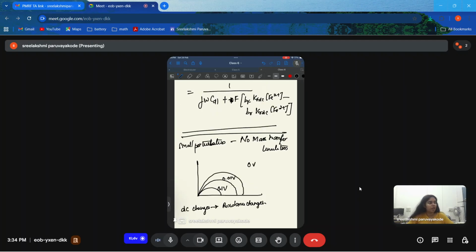So this is about the first simple electron transfer reaction. Now let's go to the two-step reaction. I hope this is clear.